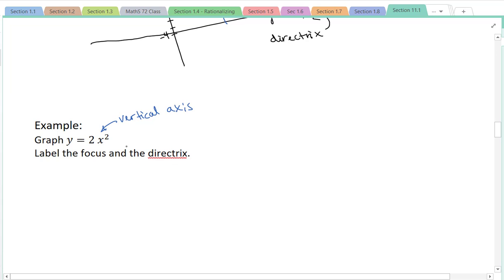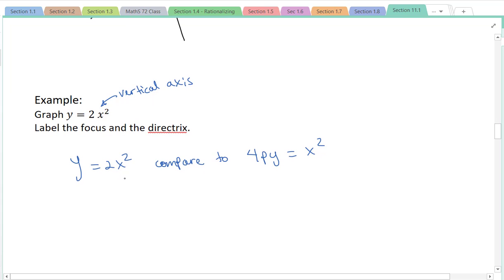That means I want to look at my equation, y equals 2x squared, and compare it to the standard, which is x squared equals 4py. I don't have a constant here, so my first step is to get rid of that 2. Divide both sides by 2 to get just x squared. So x squared is equal to 1/2 y.